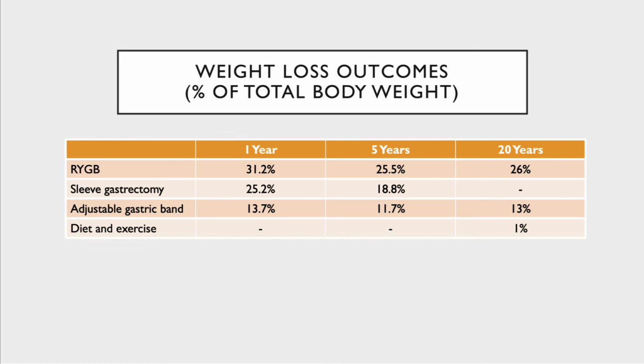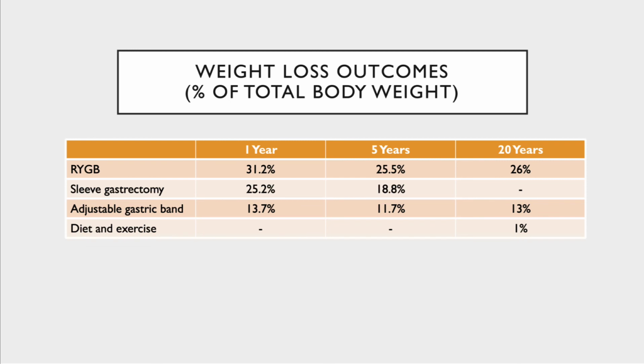But at 1 year, total percent of body weight lost is 31.2% on average. At 5 years, it's still persistent at 25%. At 20 years, which by the way is a different study, so we should think that this is a different line here.